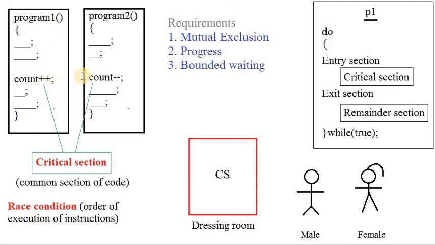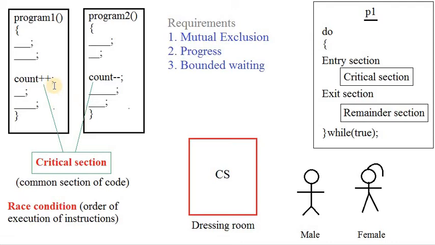So the common section of code is called a critical section. In this case, count plus plus and count minus minus, both statements, are the critical section code. And the order in which both programs are executed matters.